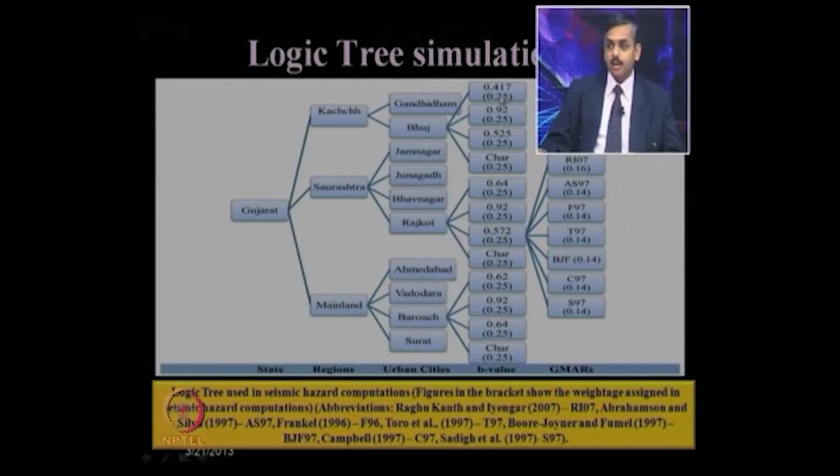For the Kutch region, that should be applied to Bhuj. Then Jaiswal and Sinha's value is 0.92. Then as per the present study using the maximum likelihood method, the value we obtain for the Kutch region is 0.525, and another one is using the characteristic model.